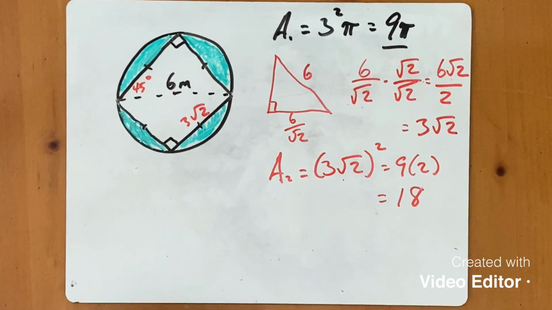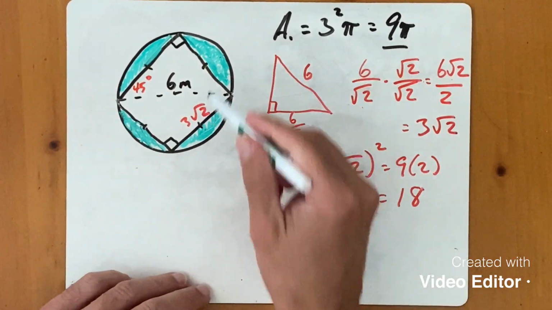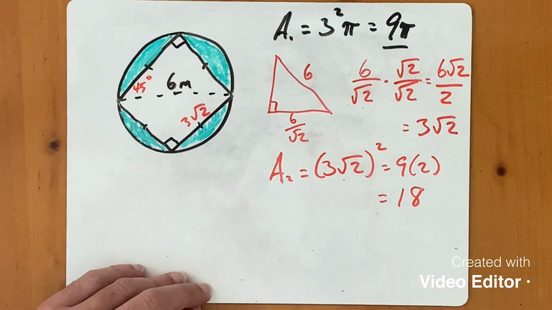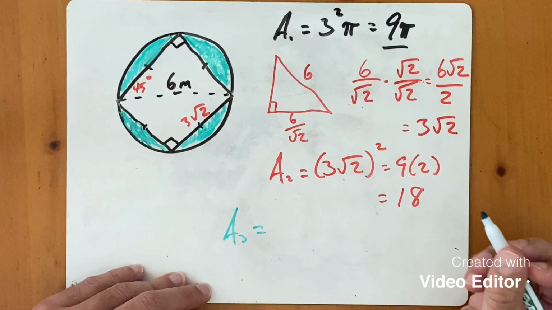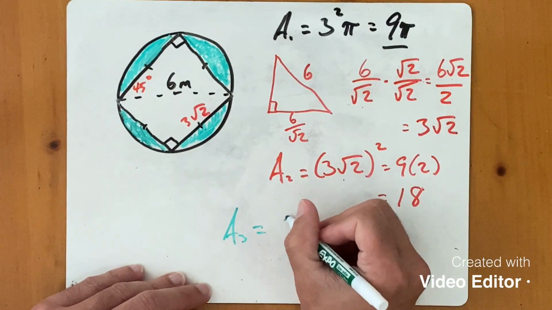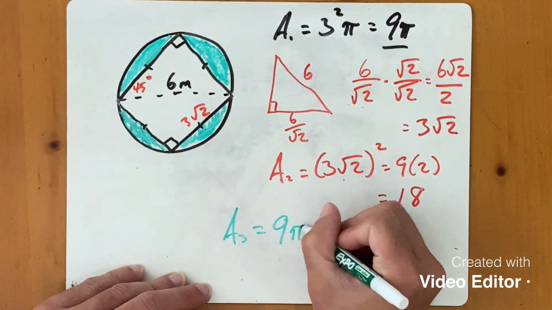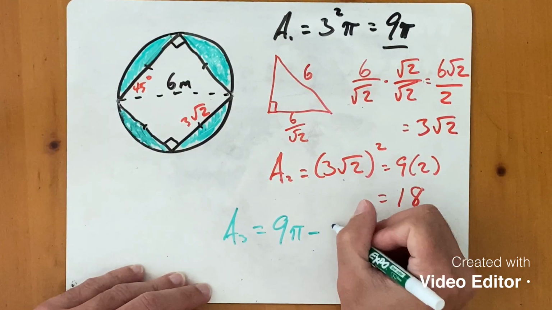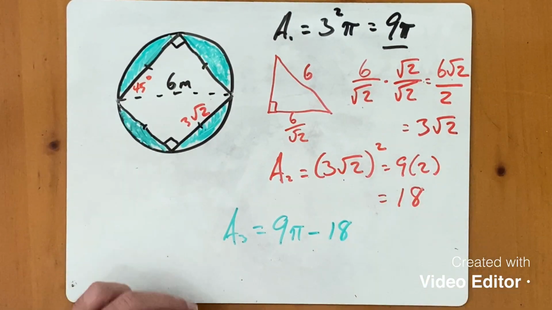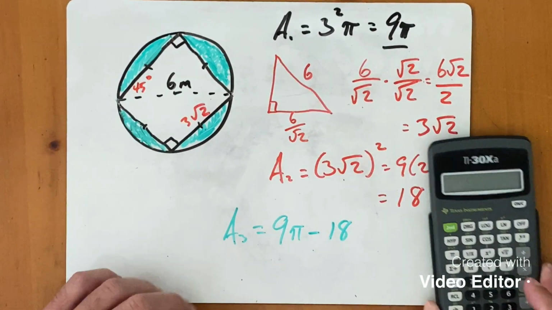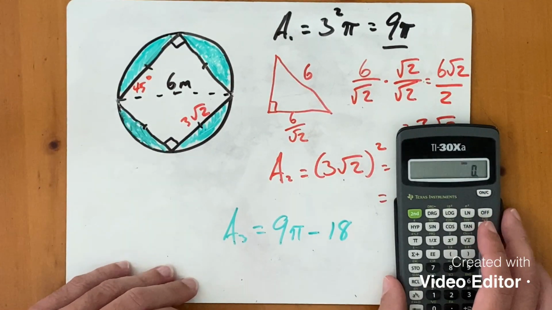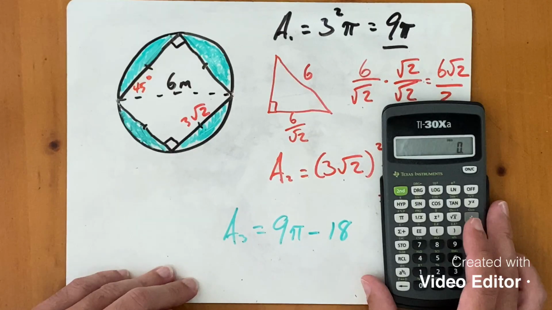Now we can figure out the area of what's left if we take the square out of the circle. Let's do that in green. So I want to take the 9 pi from before, and then subtract out 18 from that. Let's bring in our calculator so we can get the most accurate answer by rounding at the end.